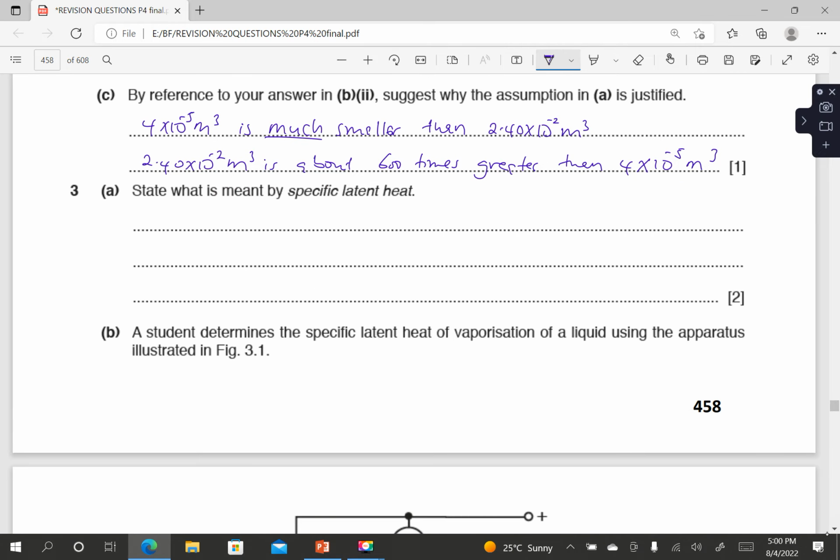State what is meant by specific latent heat. Remember, specific, that is per unit mass. Latent, hidden, that is no change in temperature, and that only occurs when there is a change of state.